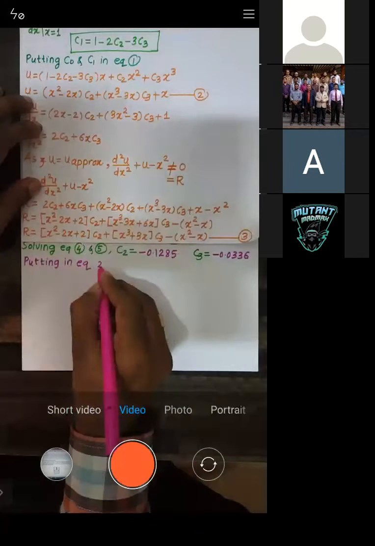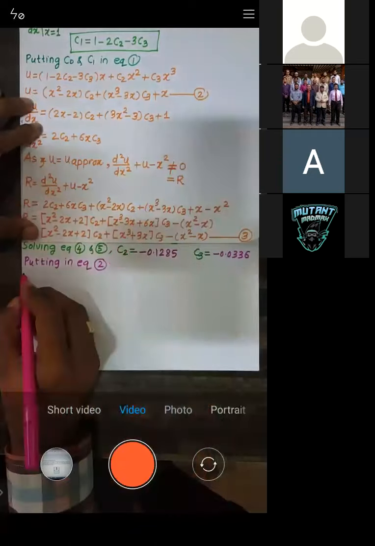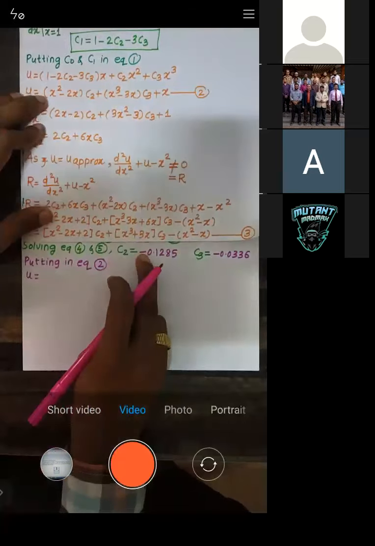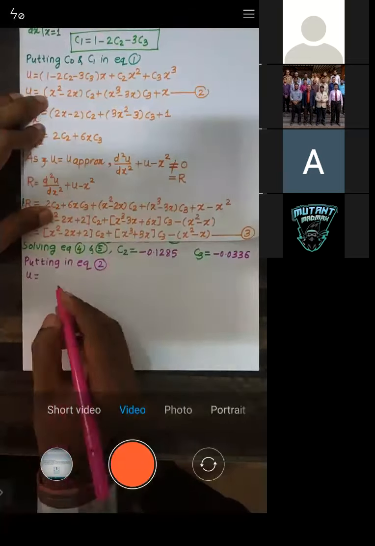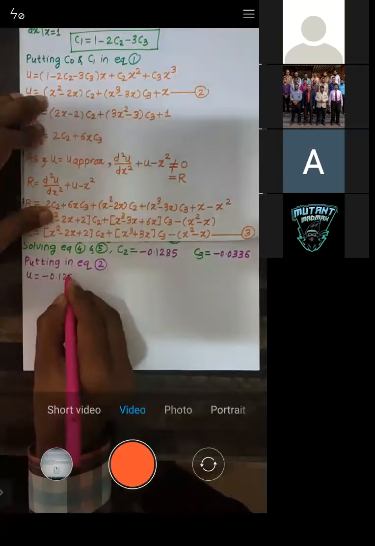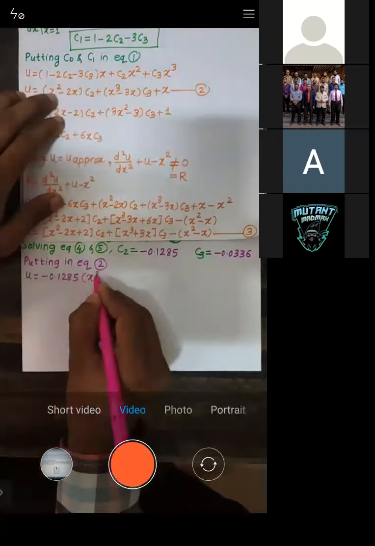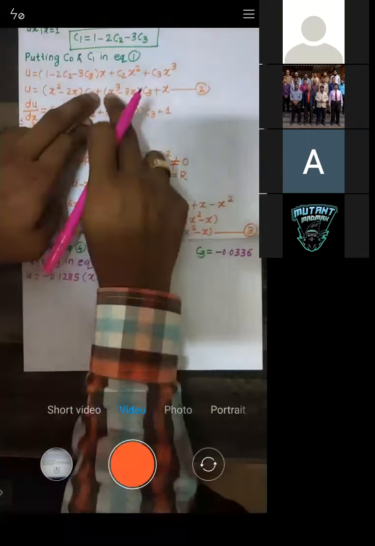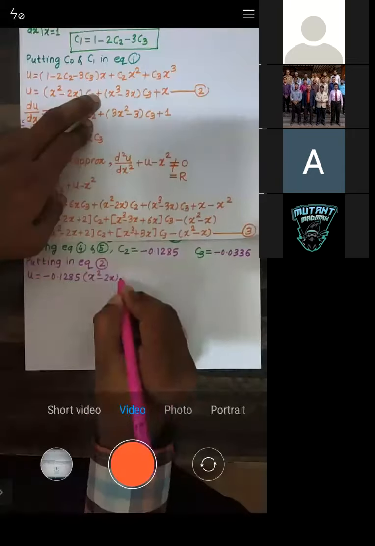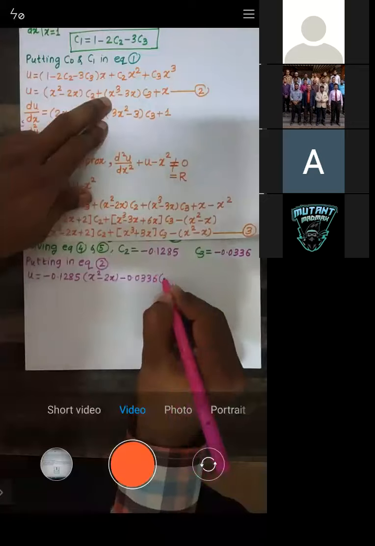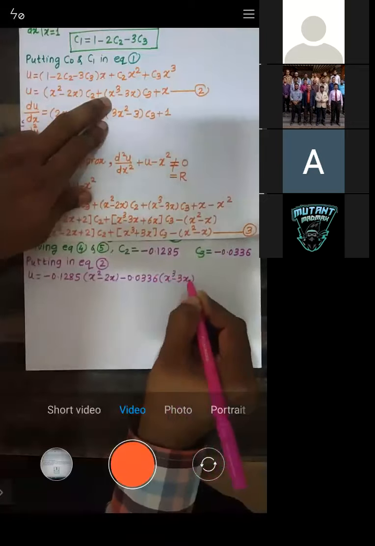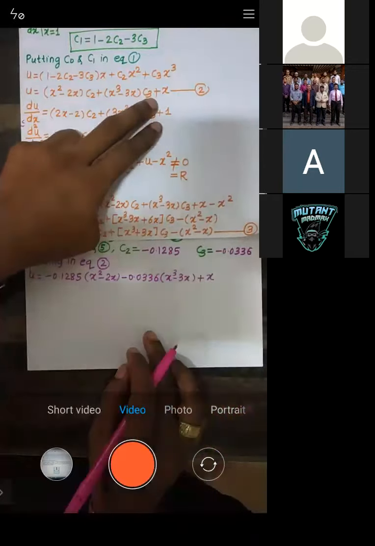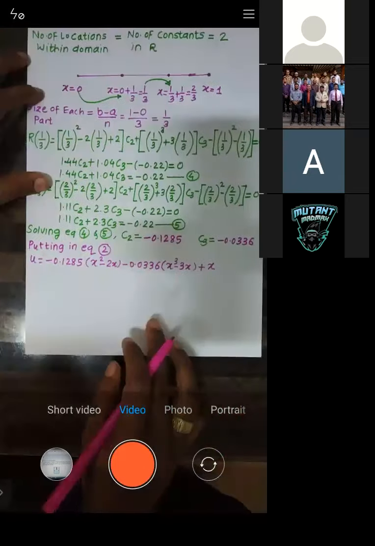So I get u is equal to C2 into x square minus 2x, where C2 is minus 0.1285, plus C3 into x cube minus 3x, where C3 is minus 0.0336, plus x.